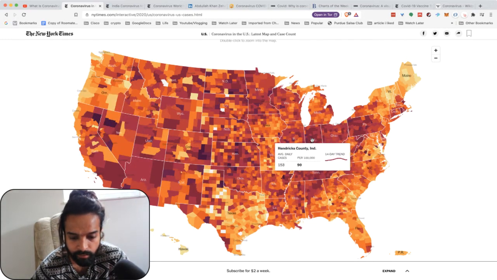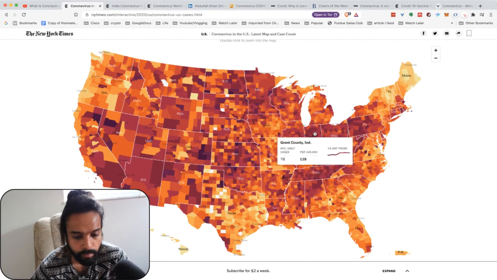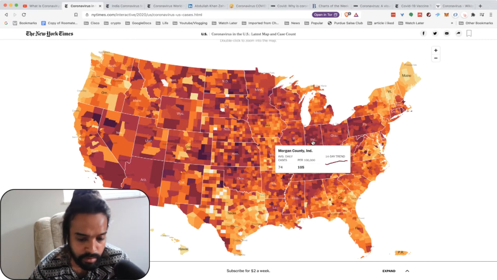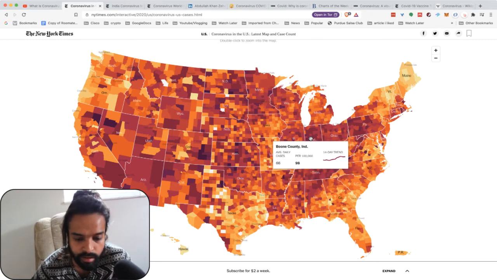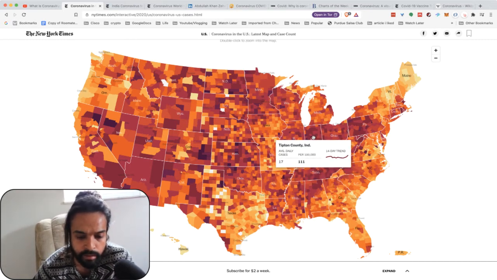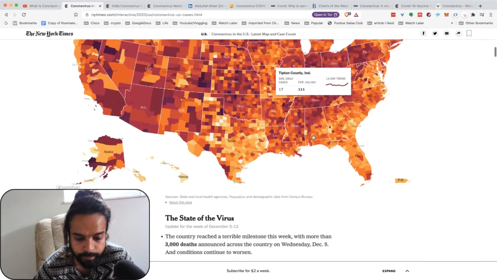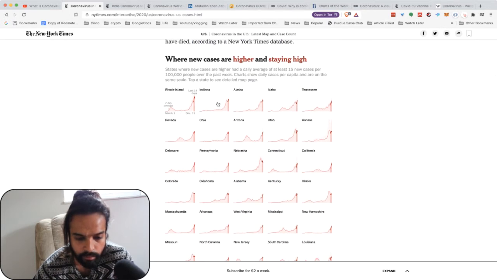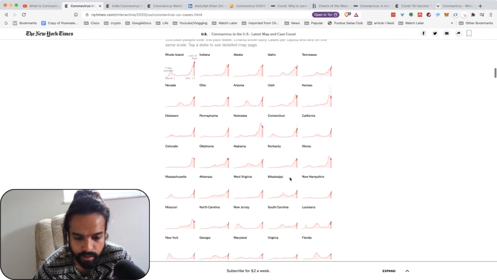And I live here in Indiana. Back in April, March, it was like there were almost no cases, and now it's one of the locations where coronavirus is spreading really strongly. You can see state by state location.